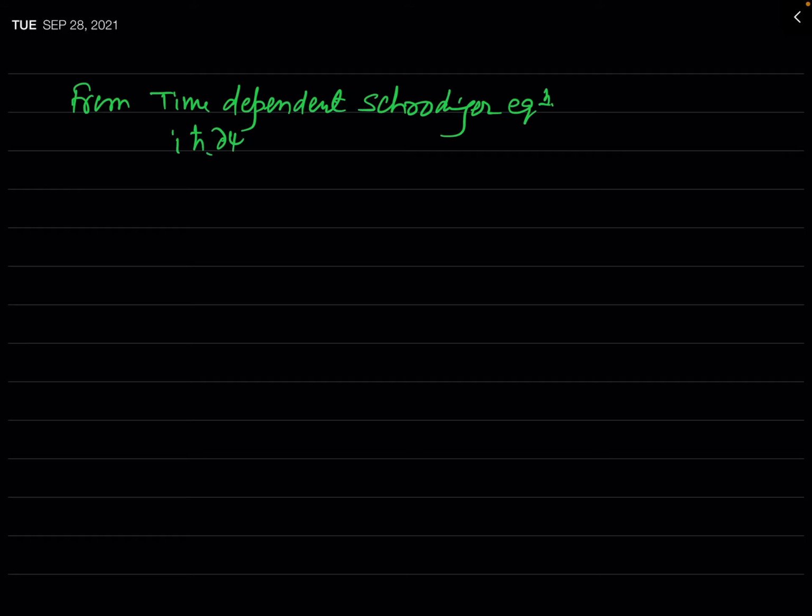So we know from the time dependent Schrodinger equation, which is also called the equation of motion, i h bar del psi by del t, I am not writing in ket symbol, is equal to h hat psi.